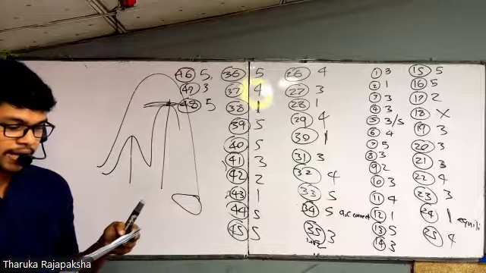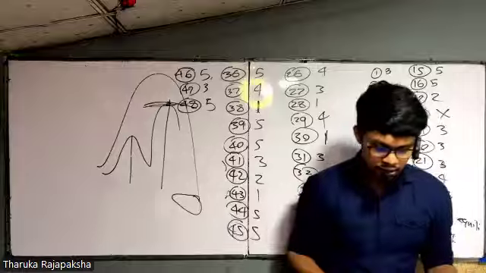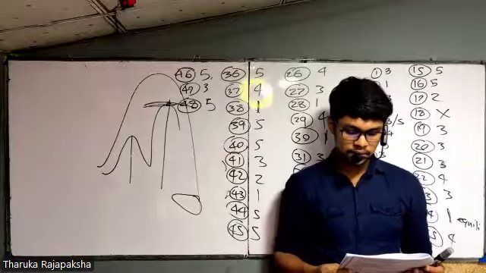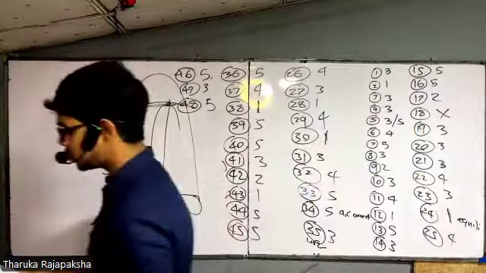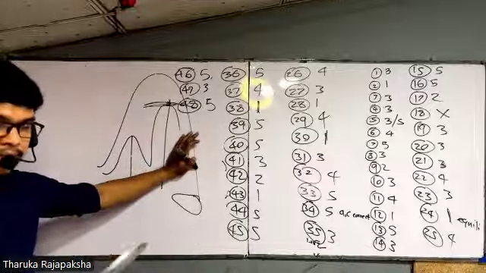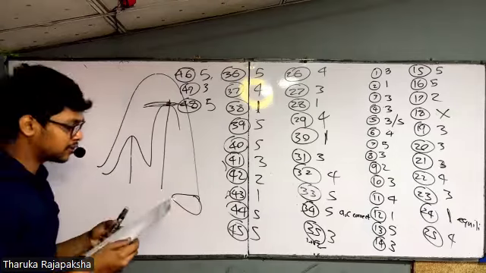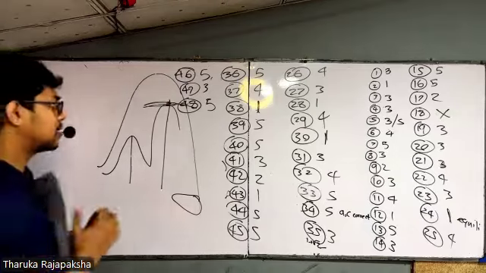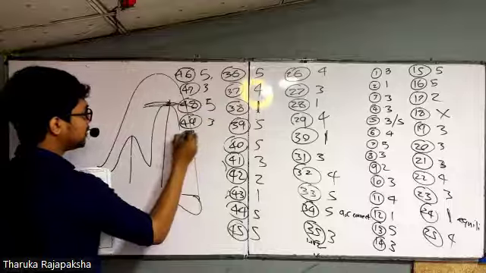Initial rate of a first order reaction is independent of the concentration of reactants. No, that is wrong. Initial rate of a first order reaction depends on the initial concentration, right? Because it's first order. First is correct, second is wrong. Answer number 3. 49th one, answer number 3. 50th one.